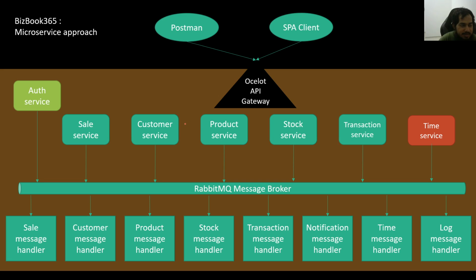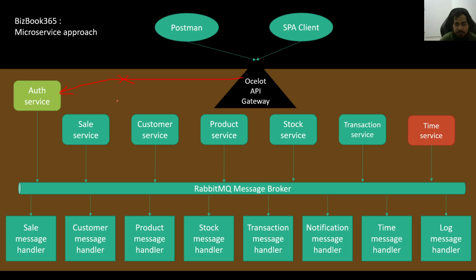So number one is the single authentication authorization server, and it will be called from Ocelot, and if it gets passed, then none of the child services will call the auth server, right? So in this way, no request will come to the child service if it is banned here.